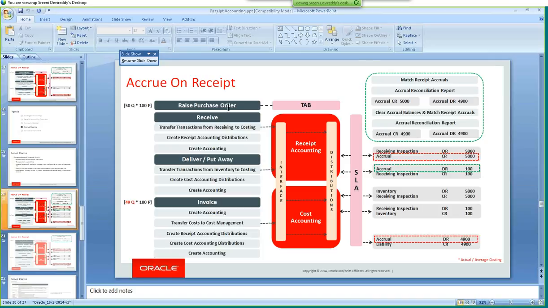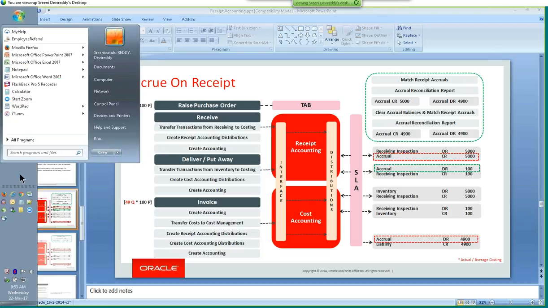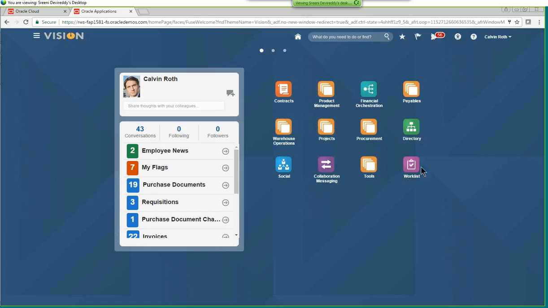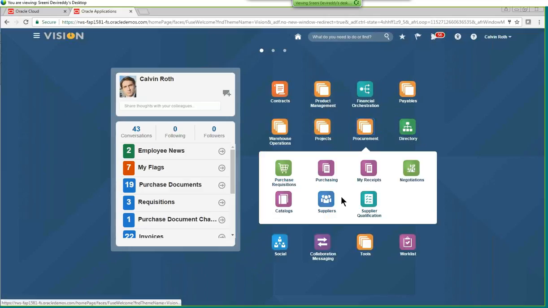Okay, so let's create a purchase order. I'm going to log in as a user who has procurement access, and I'm going to create a purchase order. I have a purchase order existing in the system, so I'll just make a copy of it rather than creating it from scratch.